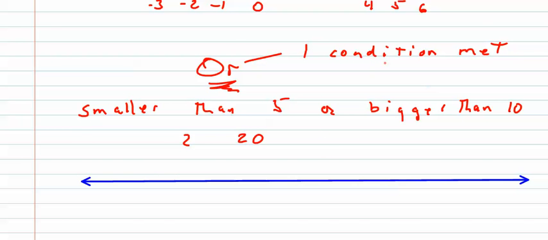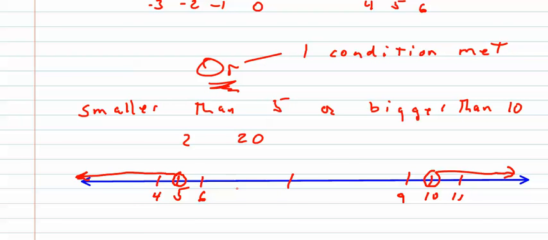I want to be bigger than 10: 9, 10, 11, bigger than 10, or smaller than 5: 4, 5, 6, and smaller than 5 goes that way. We want to be larger than 10 or smaller than 5.